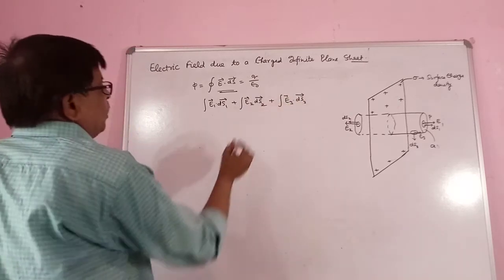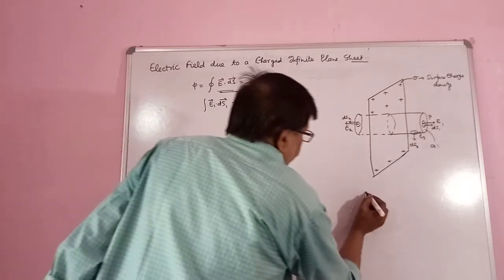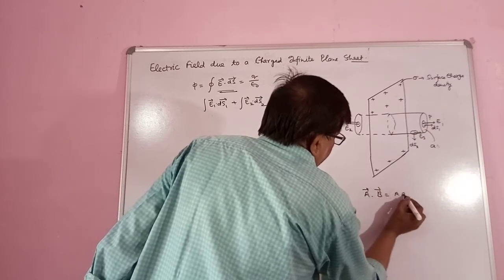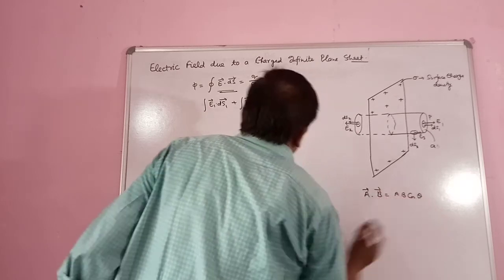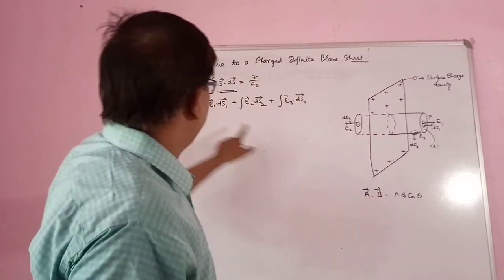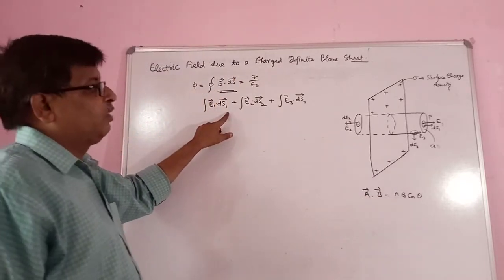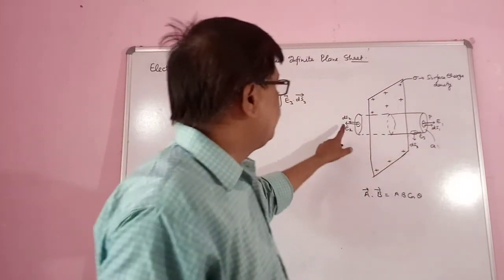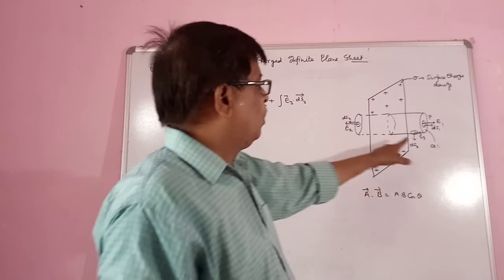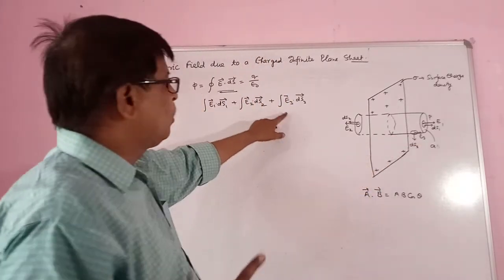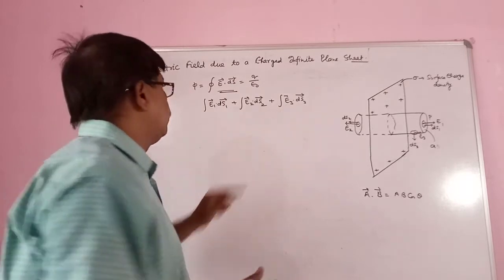This is dot product, and we know the formula of dot product: A dot B equal to AB cos theta, where theta is the angle between A and B. The angle between E1 and ds1 is 0. Angle between E2 and ds2 is 0. Angle between E3 and ds3 is 90 degree, and we know the value of cos 90 is 0.